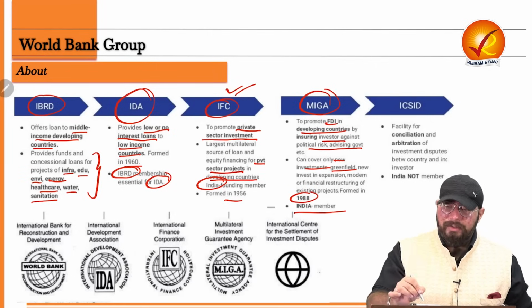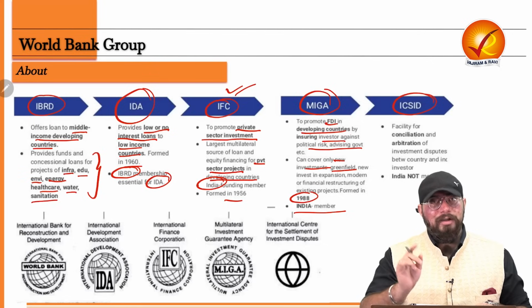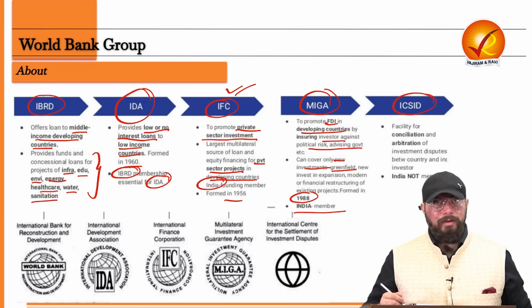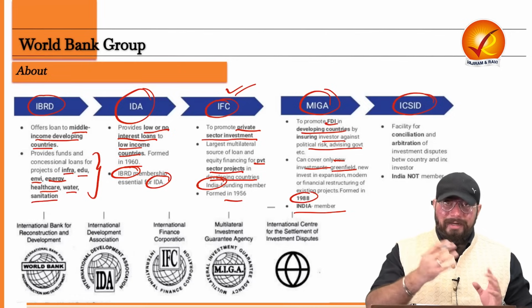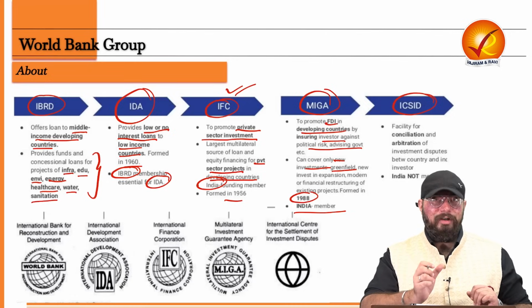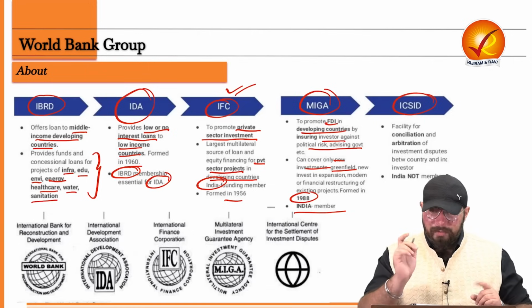Now coming to the last organization, that is ICSID, International Center for Settlement of Investment Disputes. This is also a very, very important organization. As the name suggests, it is an international center for settlement of investment disputes. It settles investment disputes between various countries.